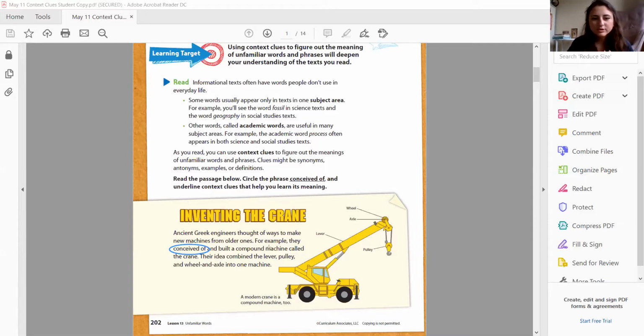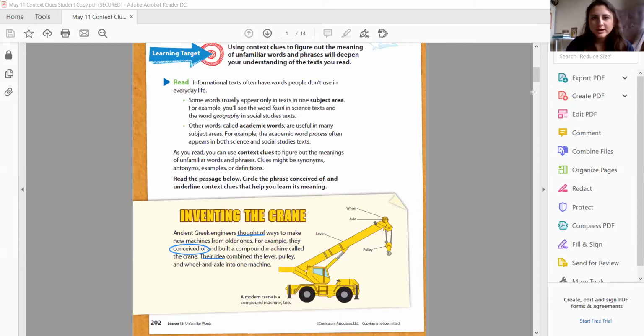Okay, so I'm going to underline some words or phrases around conceived of that might help me figure out the meaning. So the ancient Greeks thought of some ways to make these new machines. For example, they conceived of and built a compound machine called the crane. Their idea combined the lever, pulley, and wheel and axle into one machine.